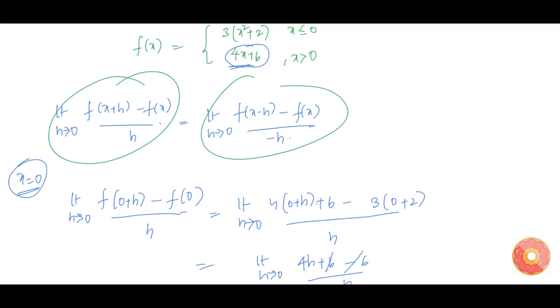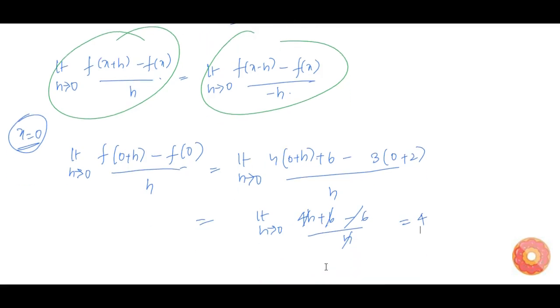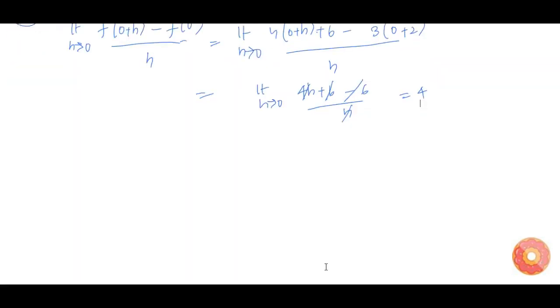Now 6 gets cancelled, h gets cancelled, which is nothing but 4. Therefore the limit of f of x plus h minus f of x by h is equal to 4 at x equal to 0.